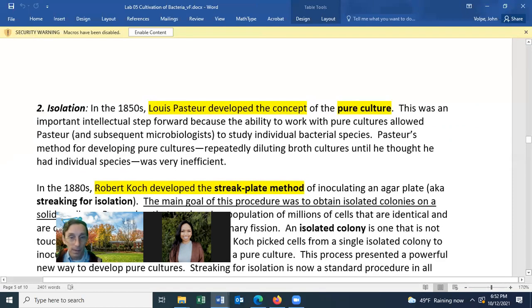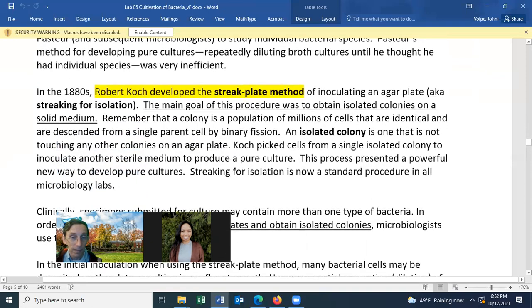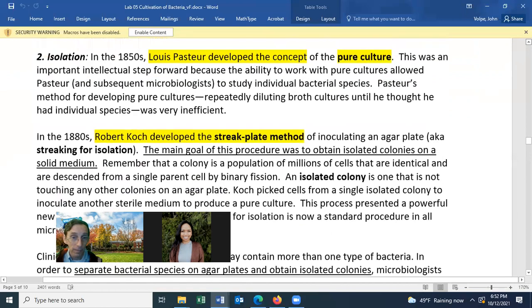It was Robert Koch who developed an easy way of getting a pure culture. And that is, you take out the bacteria and you streak it on a solid culture, like a solid agar plate, and then get isolated colonies to grow. If you get an isolated colony to grow, you take from that colony, streak it out on another plate for isolated colonies.